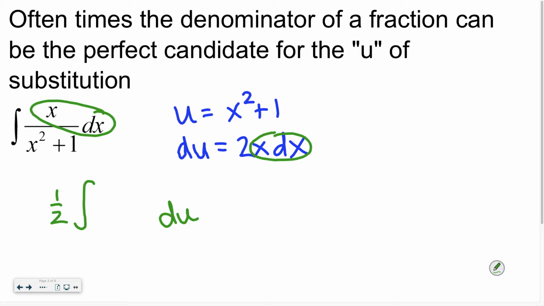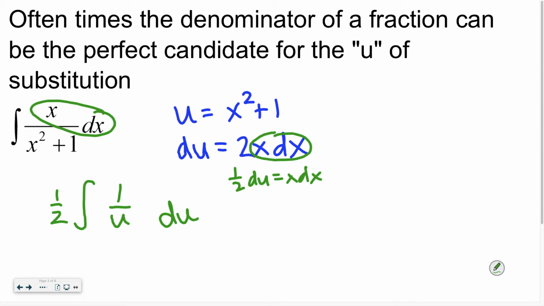Do you want me to go through that? Okay. And then the u is in our denominator, and so I'm just going to write it as 1 over u. So we have 1/2 times 1 over u du. How do you feel about that?